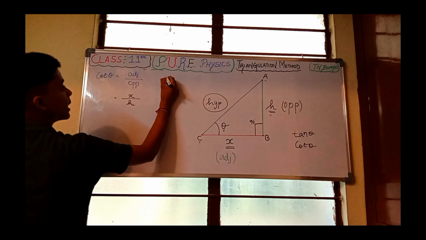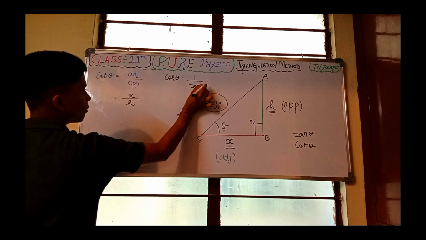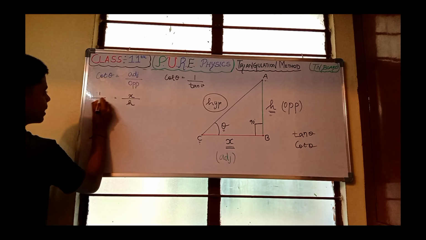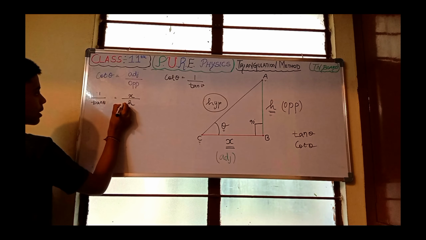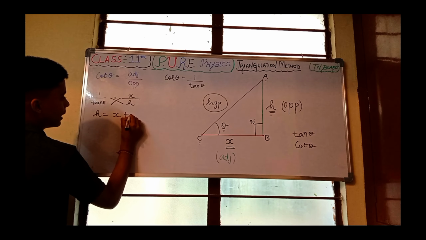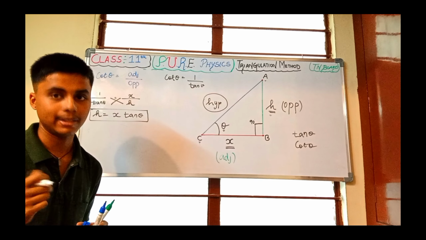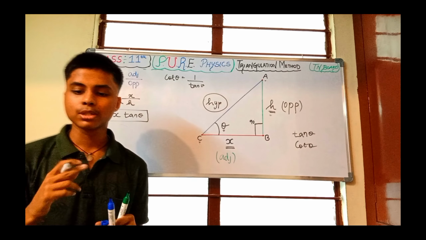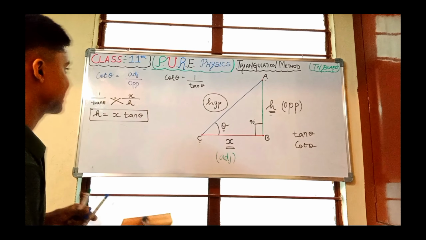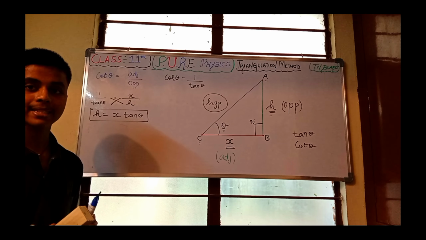Cot theta can be written as 1 by tan theta, because the reciprocal of tan theta is called cot theta. So I can write in the place of cot theta as 1 by tan theta, and when I cross multiply both the denominators, I get H is equal to X into tan theta, which is the final expression that I got using tan theta. So by these two conclusions, I can say the final expression for triangulation method is H is equal to X into tan theta, or the product of X and tan theta.